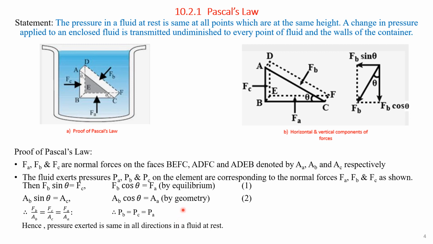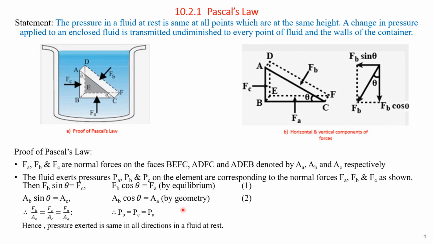Now consider an element in the form of a horizontal bar of uniform cross section. The bar is in equilibrium. The horizontal forces exerted at its two ends must be balanced, or the pressure at the two ends should be equal.